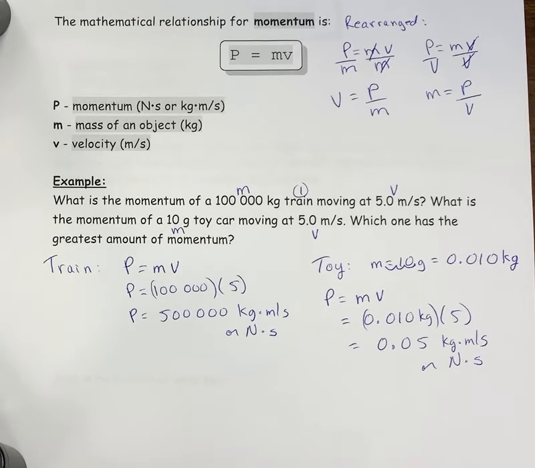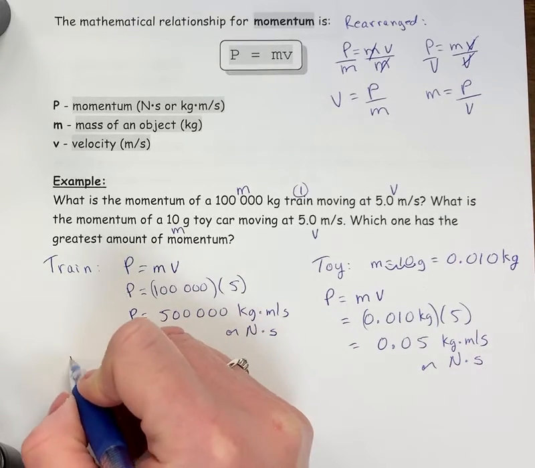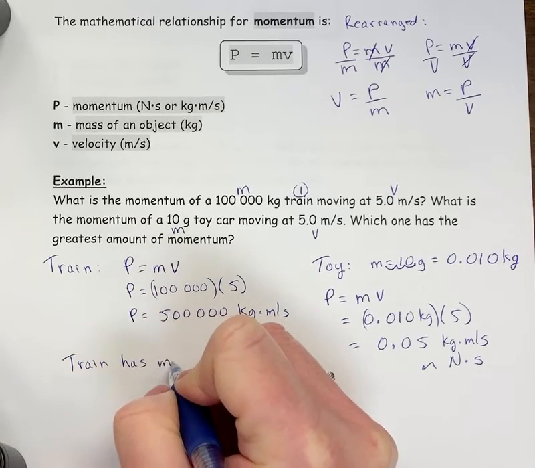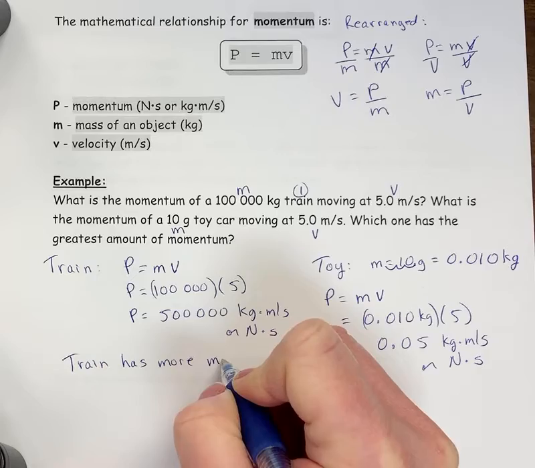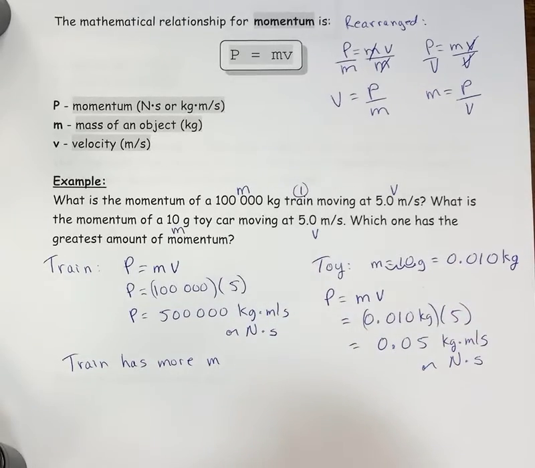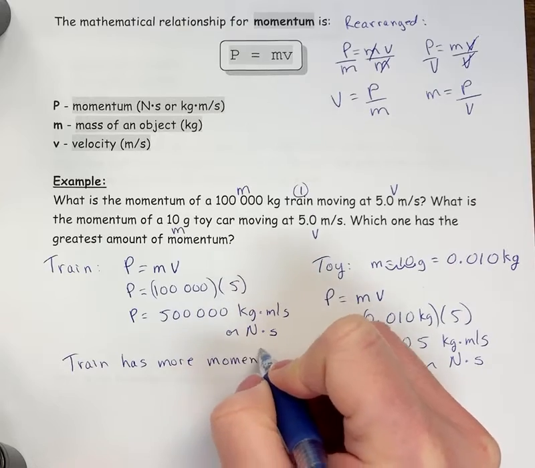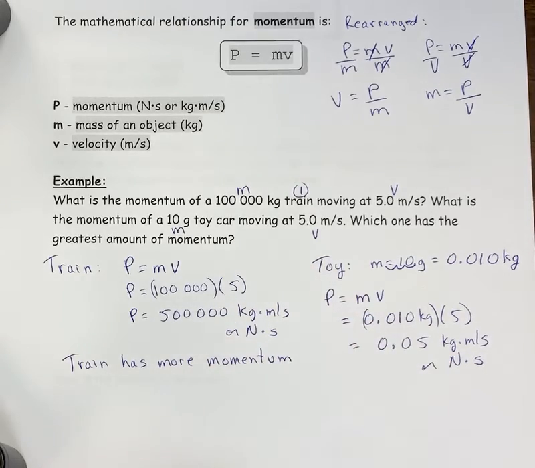Which one has the greatest amount of momentum? The train has more momentum. That probably was not a surprise. You're able to stop a toy with your hand, but you're not stopping a train from moving at all. You're not stopping that quantity of motion.